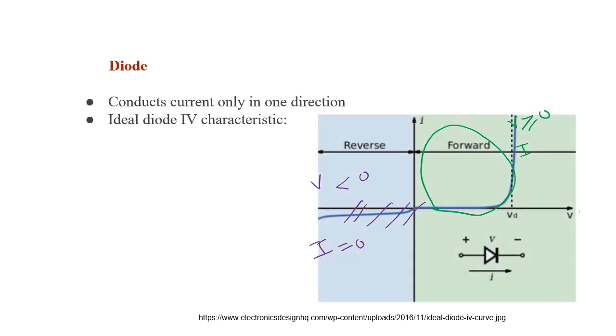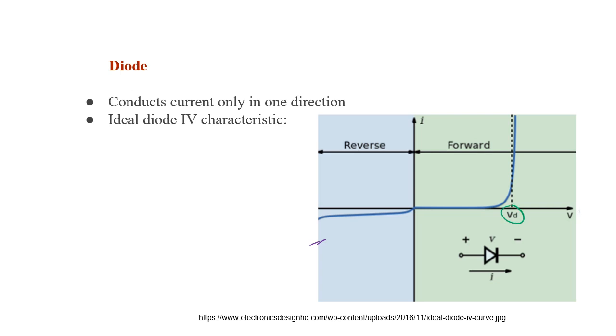However, for a regular diode, or a non-ideal or real life diode, this is the IV curve that you will see. You'll notice that the diode will start conducting currents once the voltage across it reaches what's called the threshold voltage or the diode voltage.